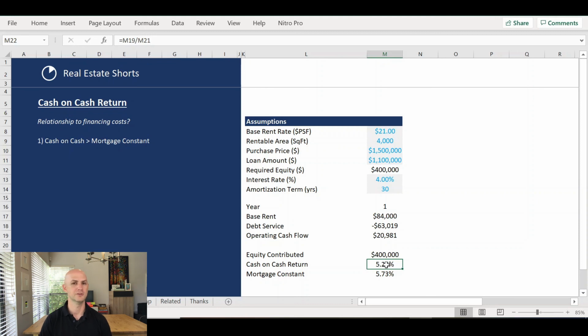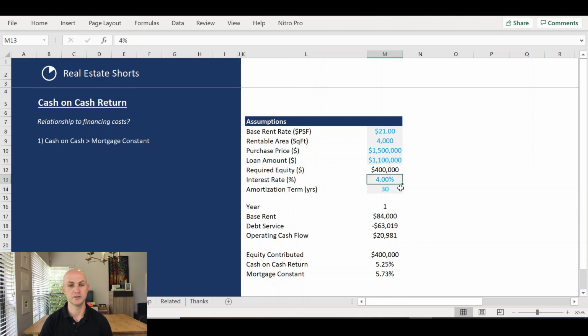So again, I think the way you should interpret this is when cash-on-cash return is greater than mortgage constant, borrow as much as possible. You have positive leverage. However, when mortgage constant is greater than cash-on-cash return, borrowing may not work in your favor.